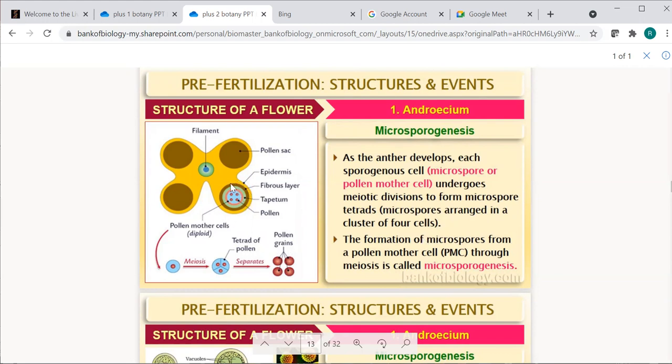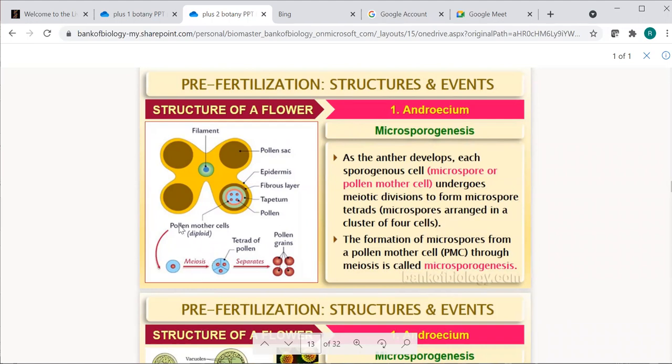There are outer layers to cover the microsporangia, which are nothing but the pollen mother cells. They are diploid, which means 2n. They form tetrads. How? Through meiosis. Very important.